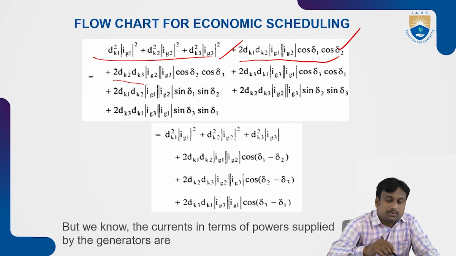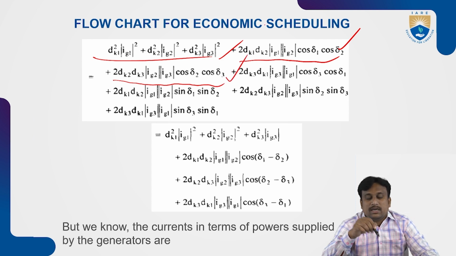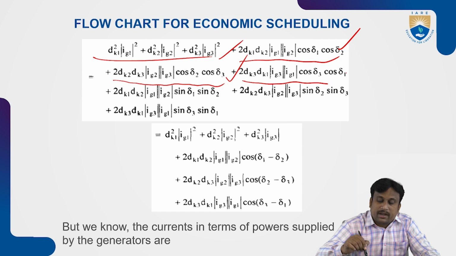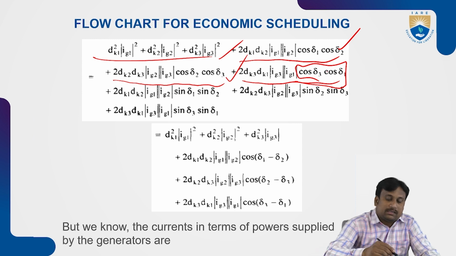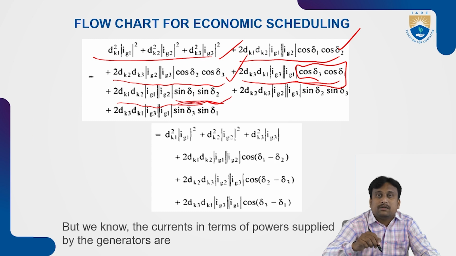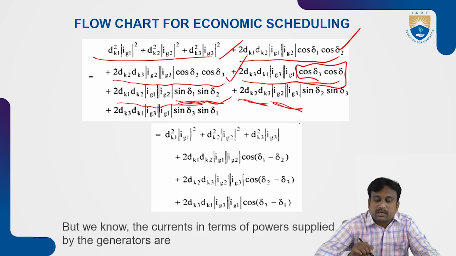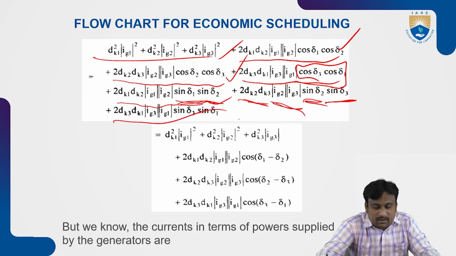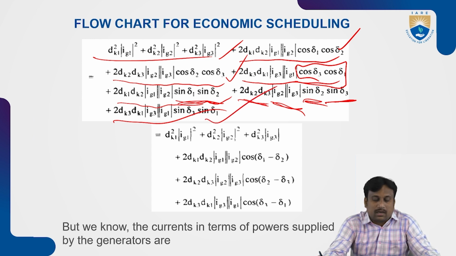This will be added to 2 DK2 DK3 IG2 IG3 cos delta 2 cos delta 3, which will be added to 2 DK3 DK1 IG3 IG1 cos delta 3 cos delta 1 plus 2 DK1 DK2 IG1 IG2 sin delta 1 sin delta 2 plus 2 DK2 DK3 IG2 IG3 sin delta 2 sin delta 3 plus 2 DK3 DK1 IG3 IG1 sin delta 3 sin delta 1.